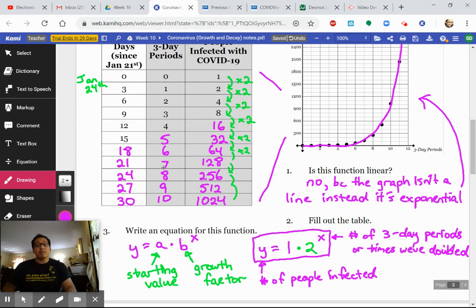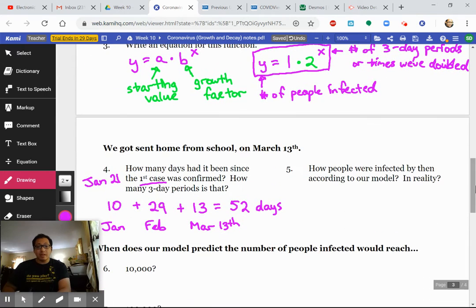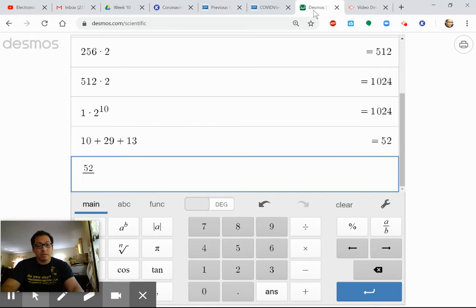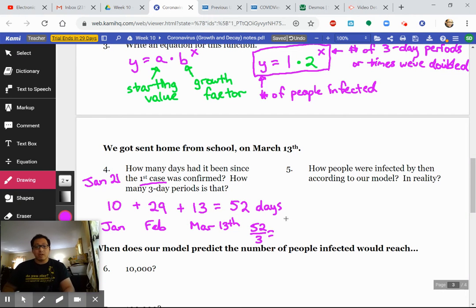We care about how many 3-day periods it has been. So let me take that and divide it by 3. 52 divided by 3 equals about 17 periods of growth, of doubling.